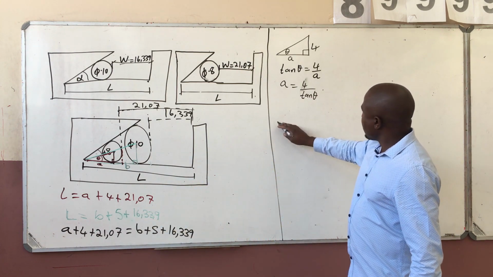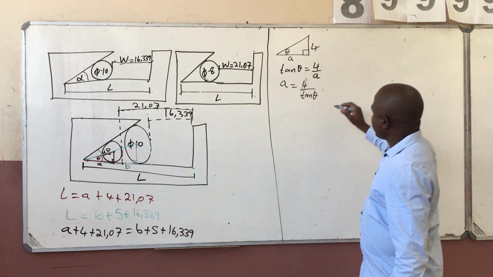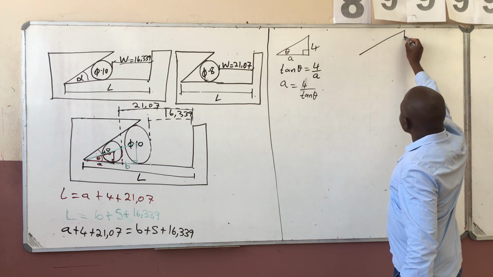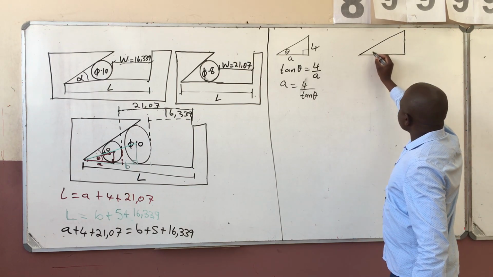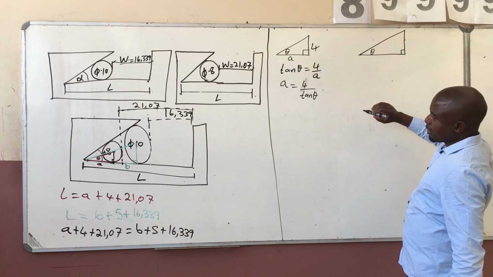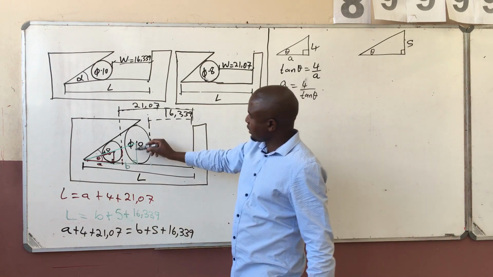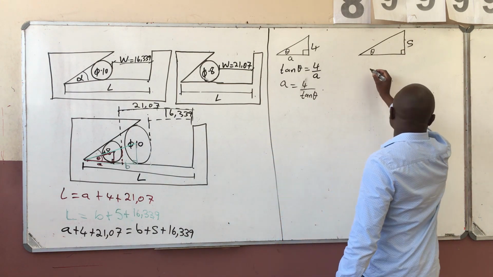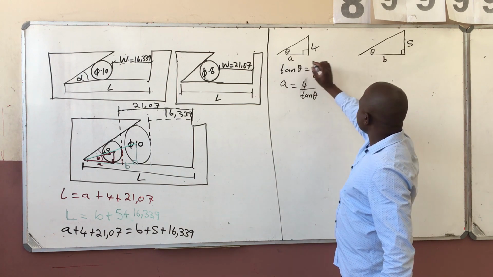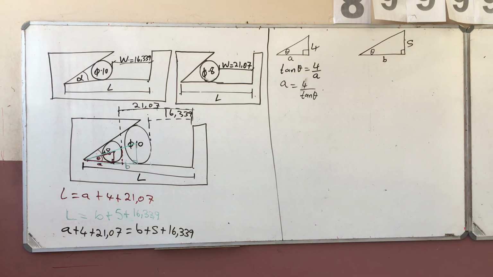So now I should find B. The opposite is 5, as the radius there is 5, and the adjacent is B. As I said initially, these two share theta.